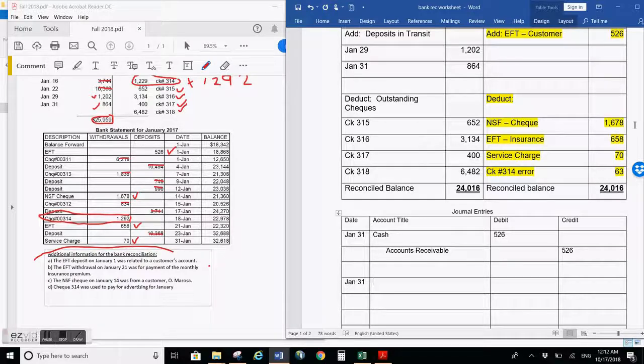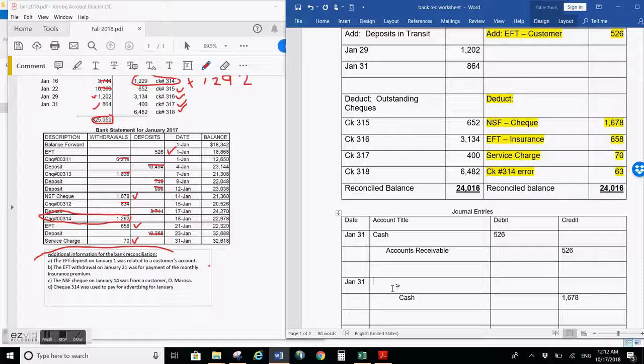All right. Then we've got the NSF check. Well, darn. If it's under this deduct column, automatically I know that I am going to credit my cash account. So I can put that in automatically and know I'm going to get at least half of the marks for that journal entry.